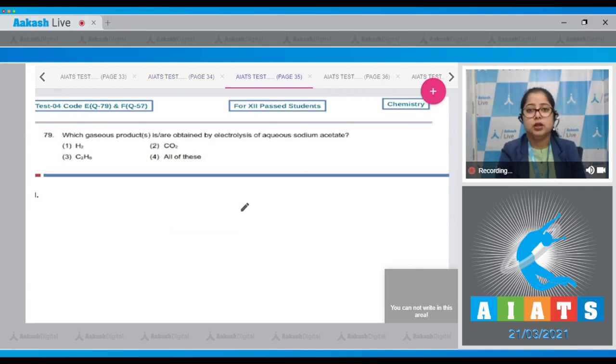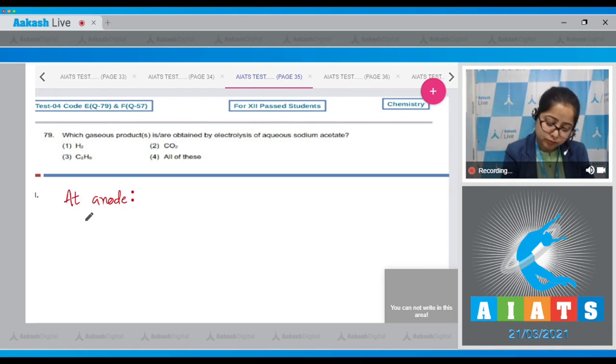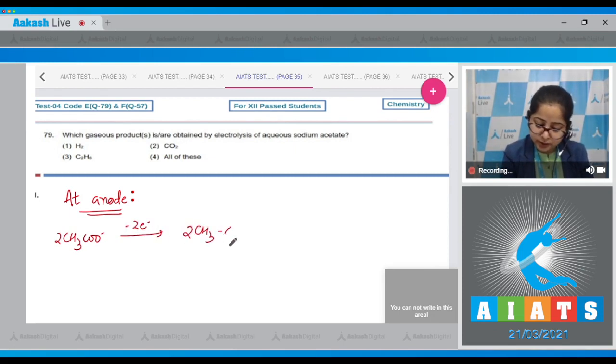Moving to the next question, which is 79. Let's read it. Which gaseous products are obtained by electrolysis of aqueous sodium acetate? Students, first of all, I am writing the reaction that takes place at the anode. The acetate ion, being negatively charged, moves towards the anode, and the reaction that takes place is: CH3COO minus loses an electron, the CH3COO free radical is formed, and then this bond breaks.